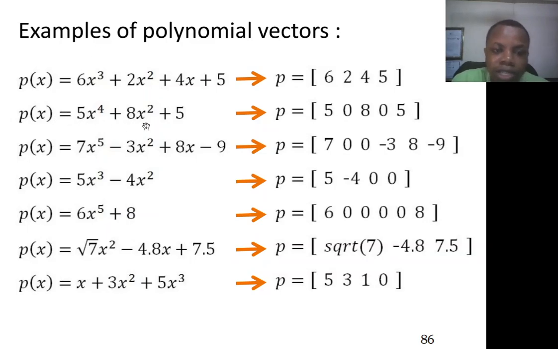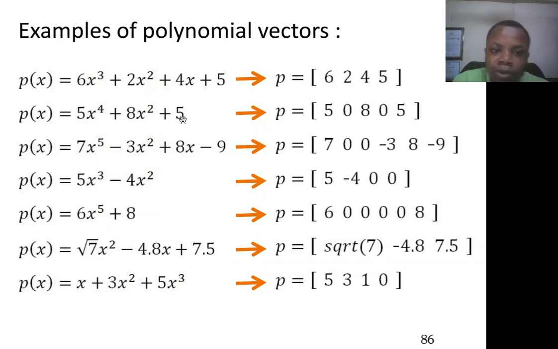This is a little bit tricky. Now with this one, you can see that in this case we don't have the x term raised to the power 3 in here, and also we don't have the one with only x included. So once we are missing those terms, it means that we have to introduce 0 to replace them.